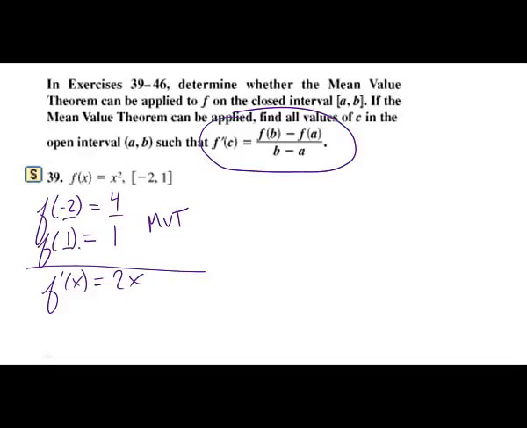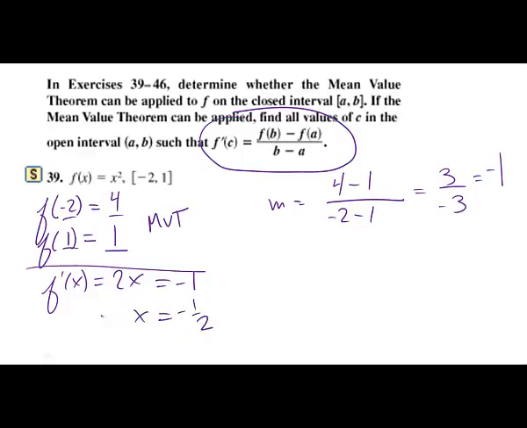The y values are 4 minus 1, and the x values are -2 and 1. So 4 minus 1 is 3 over -3 equals -1. So I'm going to take that -1 and set it equal to the derivative. So what's your x, or your c value, this time? -1/2.